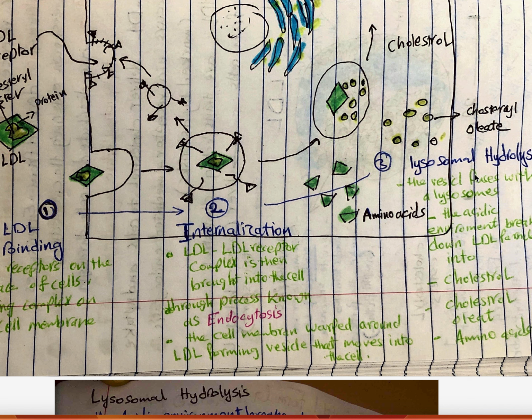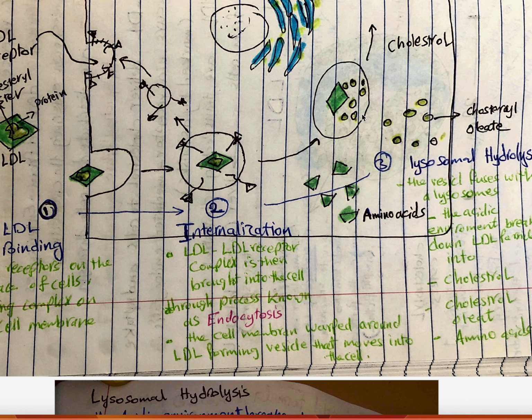And then what happens? Lysosomal hydrolysis. The vesicle fuses with the lysosomes. The acidic environment breaks down the low density lipoproteins into cholesterol and cholesterol esters. Okay, and cholesterol oleate, amino acids.